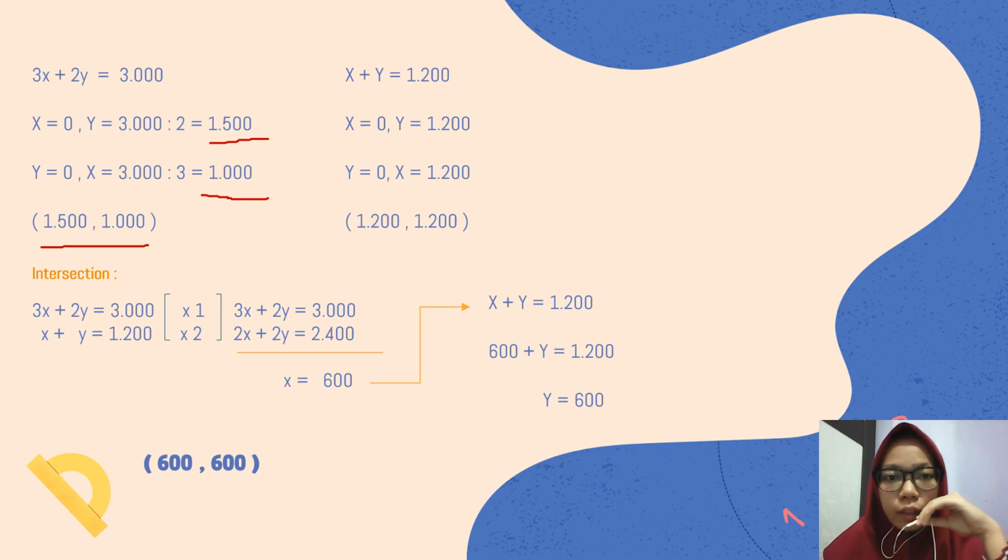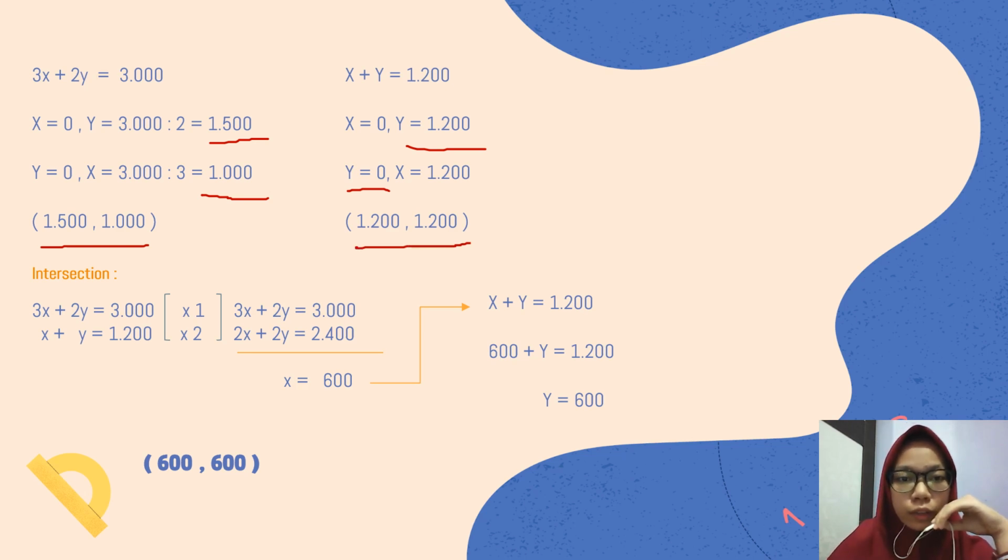And then the second equation is x plus y is equal to 1,200. If x is equal to 0, then y is equal to 1,200. And if y is equal to 0, then x is equal to 1,200. So the points of the second equation are (0, 1,200) and (1,200, 0). And then next, we find the intersection point.